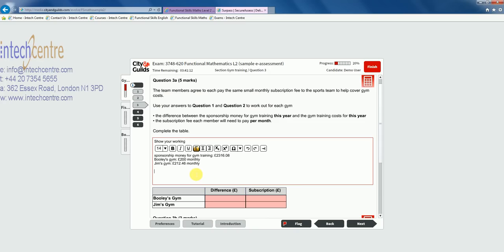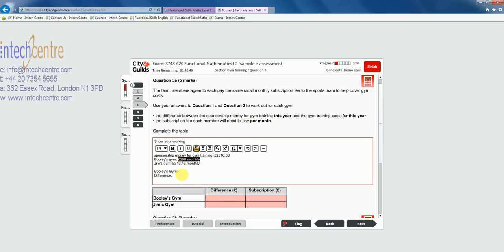So if we work out Booley's gym first, we're working out the difference. Remember that it's about this year and the gym training costs for this year. So we've got the monthly cost.